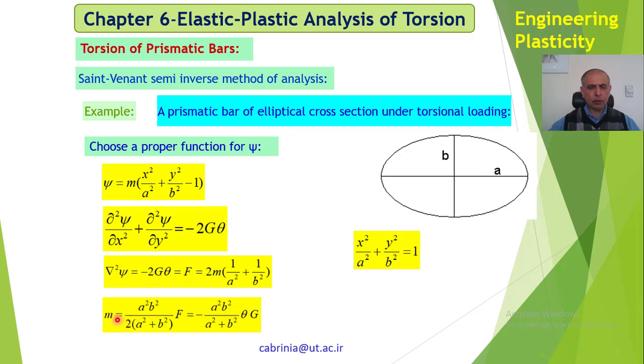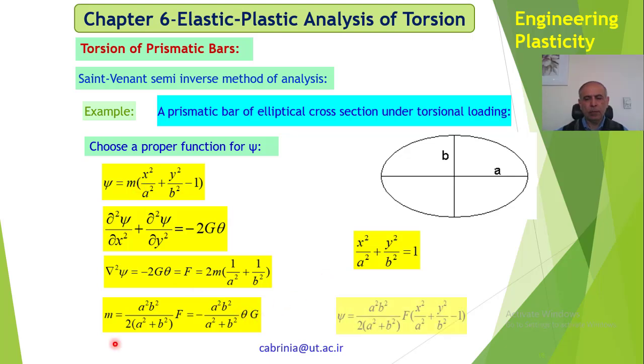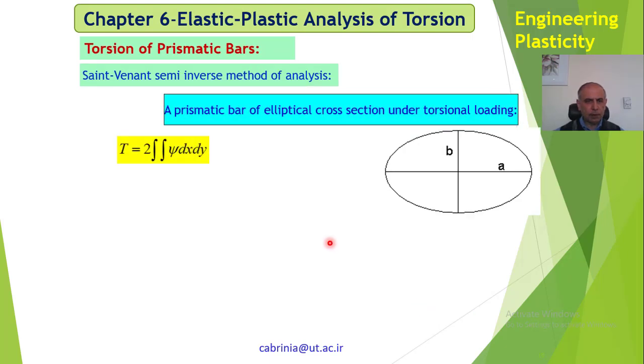So here we have shown that m is constant. So the function psi, if you differentiate along s, which is the boundary of the ellipse, becomes equal to 0. So we can use this as our required function, put it here, we get the torque.